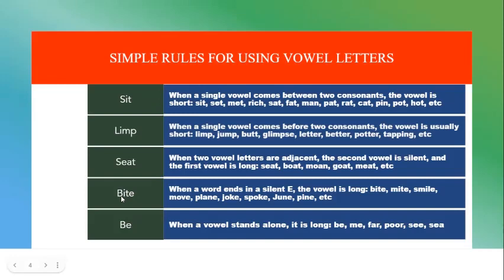So you don't pronounce it by T or BT. No, the sound of the vowel that comes before the consonant and the silent E will be the long vowel sound.